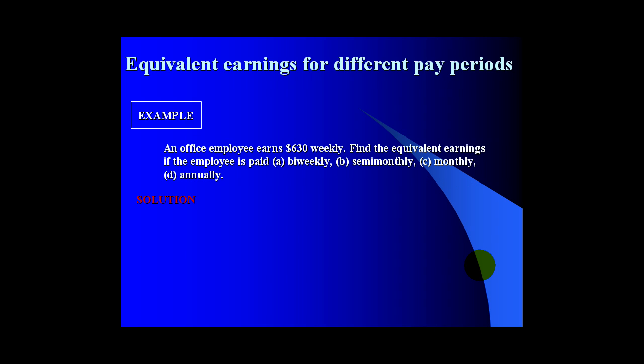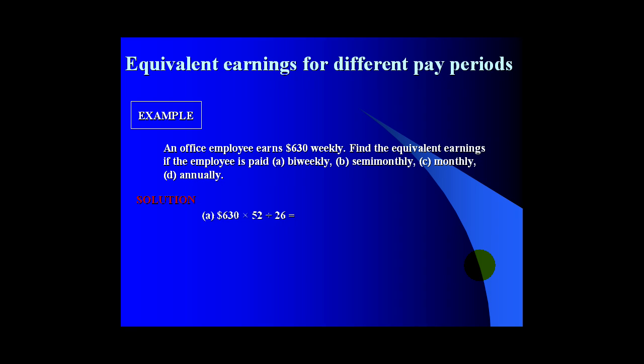Here's an example. An office employee earns $630 weekly. Find the equivalent earnings if the employee is paid bi-weekly, semi-monthly, monthly, and annually. And here's the solution.